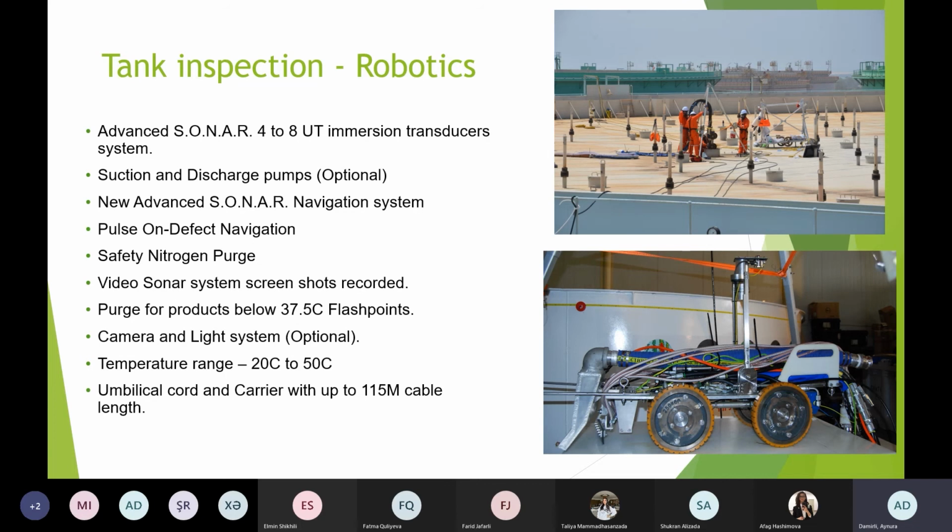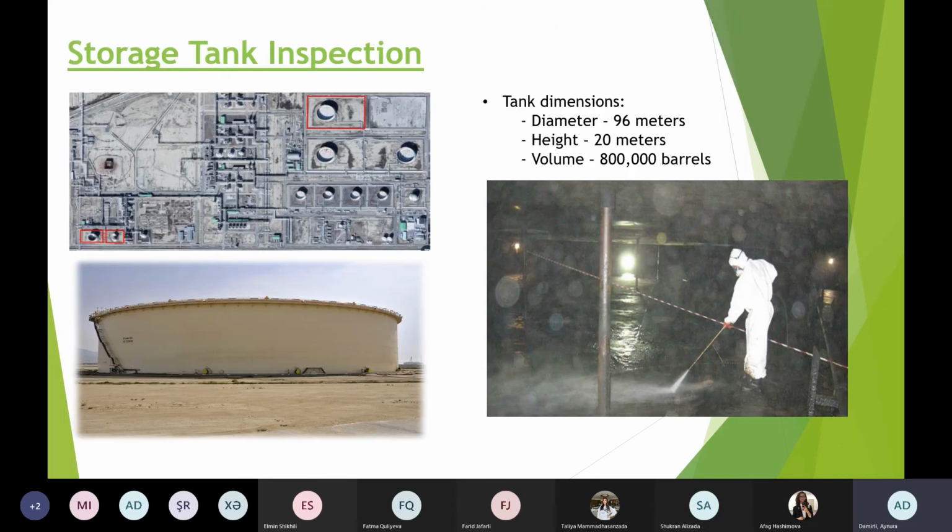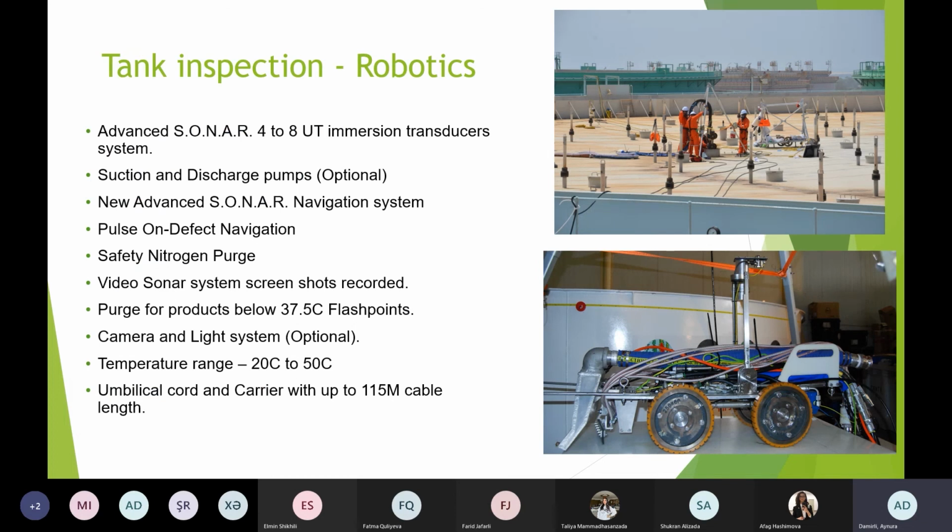And if anything were to happen, imagine how big an explosion could happen. Employees are entering this robot inside the tank, and the robot is moving inside, taking measurements and providing us what the integrity is, how safe the tank floor is.